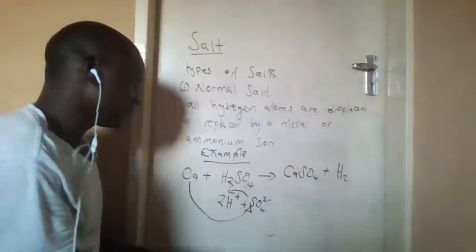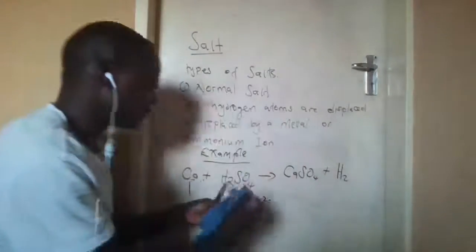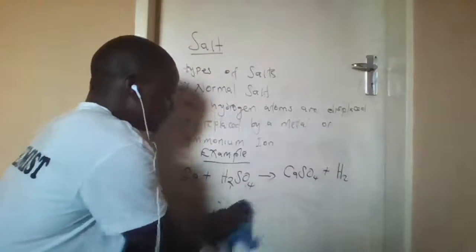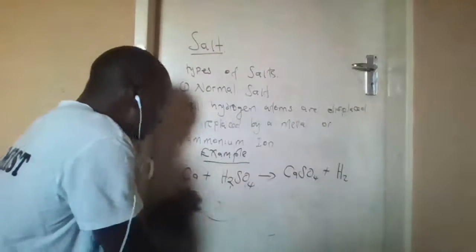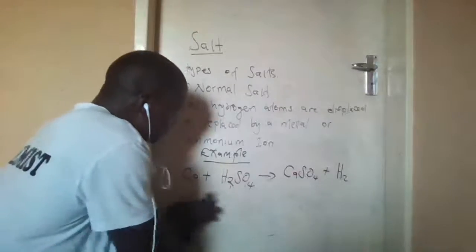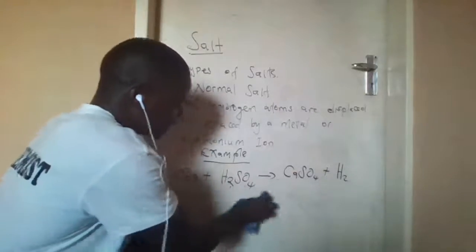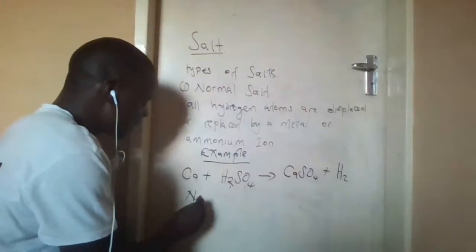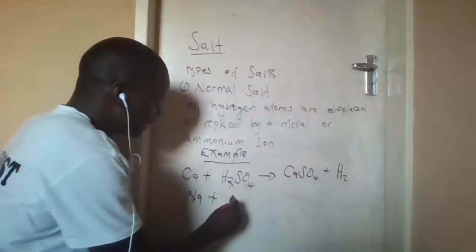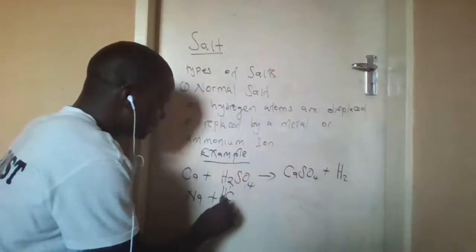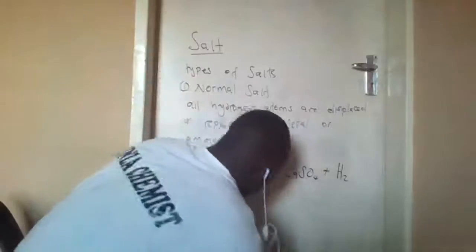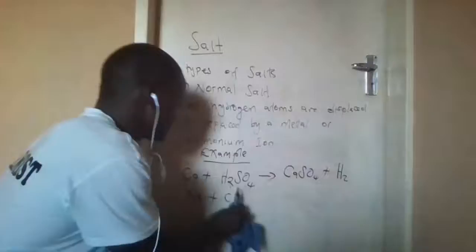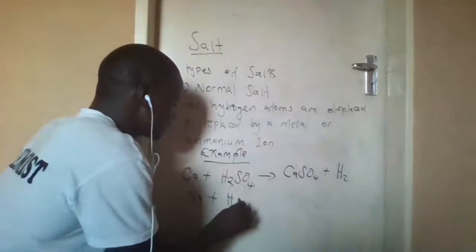There are many examples that we can look at. The reaction between sodium and hydrochloric acid to form sodium chloride, which is a common salt. So you can have sodium plus hydrochloric acid, HCl.